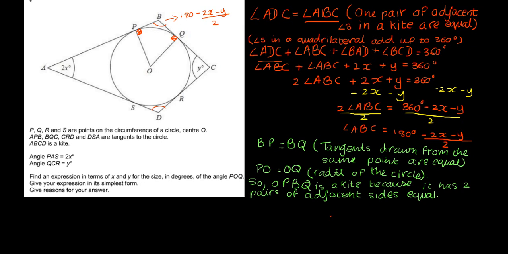And that I've got from here, because angle ABC is the same as angle PBQ. Anyway, where was I? Alright, radius and tangent meet at 90 degrees.